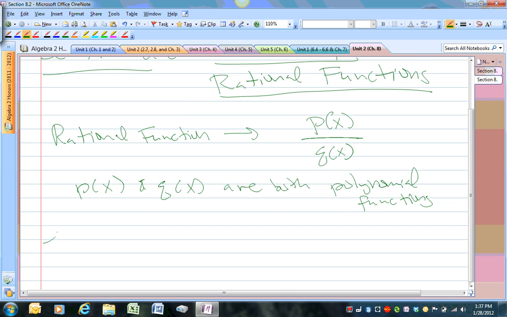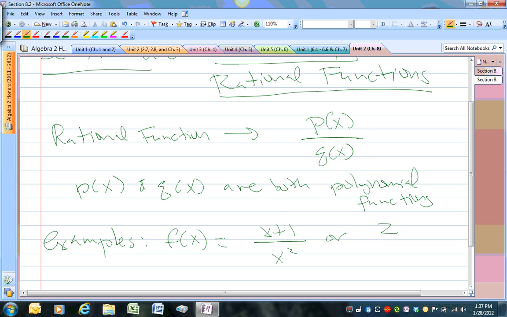To give you some examples, if we had f of x equals x plus 1 over x squared, that's a rational function because x plus 1 is a polynomial, and x squared is another polynomial.